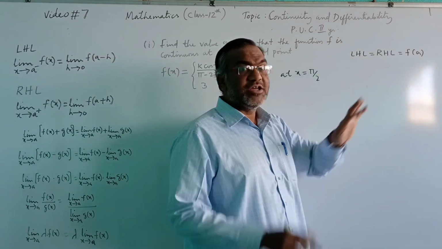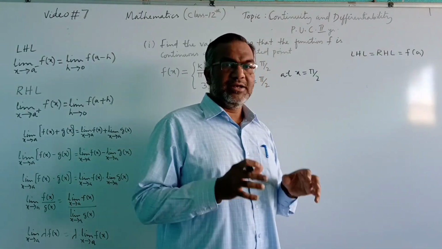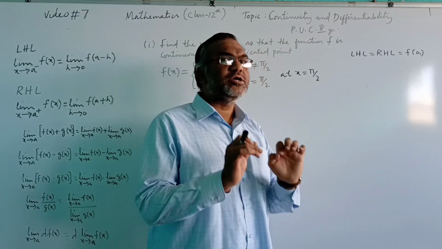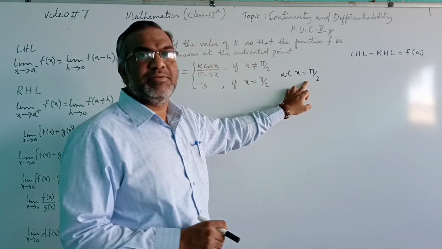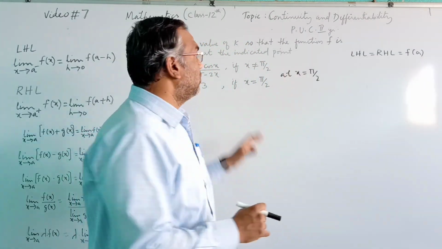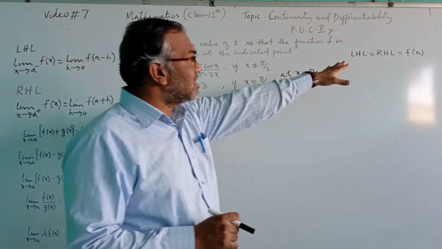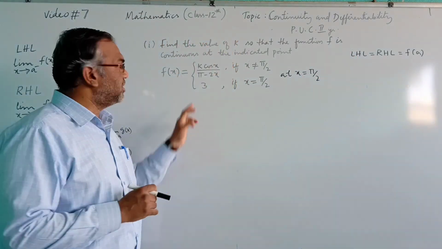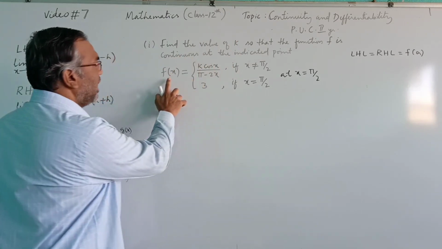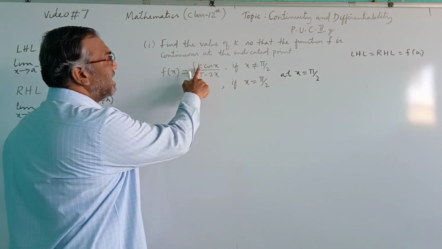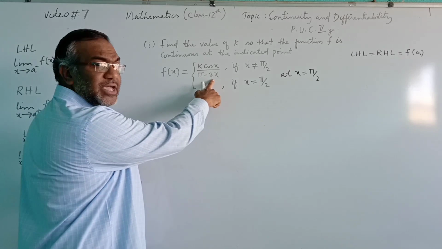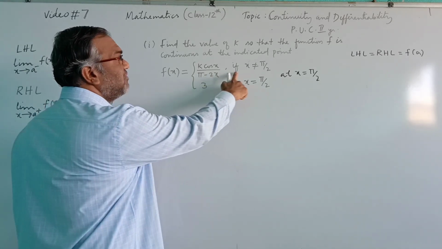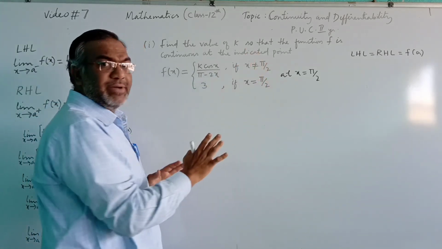If this condition is not satisfied, then that function is not continuous at that given point. Now, with the help of this condition, we can find the value of k in this function. See, there is a constant, and the function is f of x equal to k cos x divided by pi minus 2x if x is not equal to pi by 2.